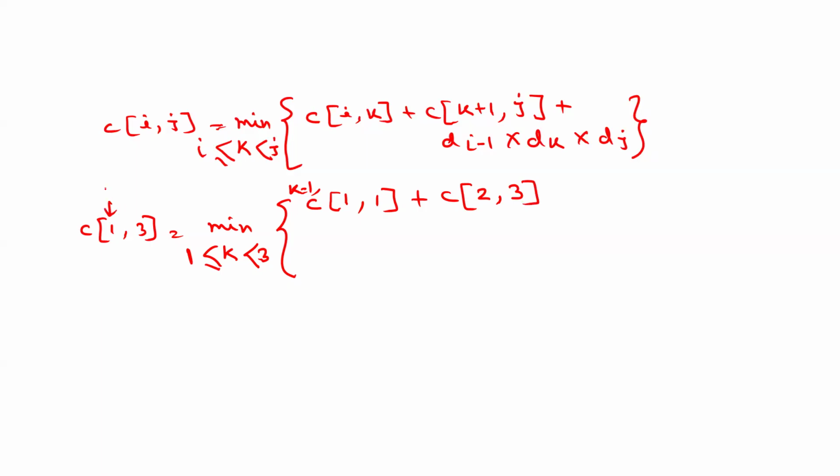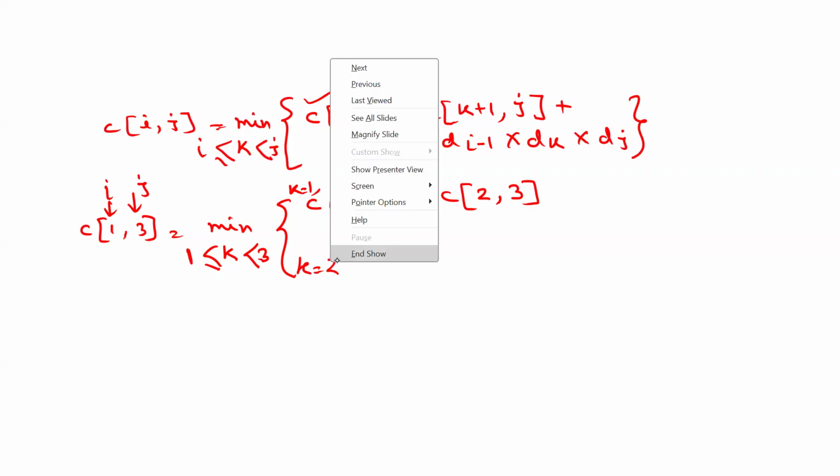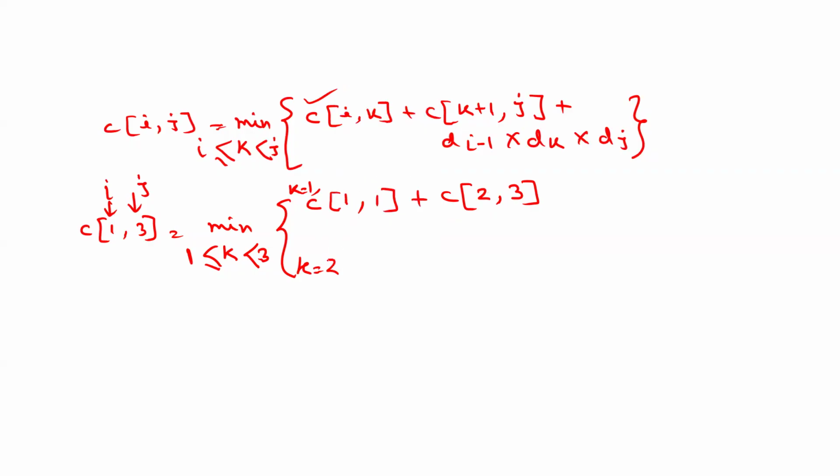This is i and this is j, so i means 1. Just put the values in this formula. The k value lies between 1 and 2, greater than or equal to 1 and less than 3. So what is the value of k? One is 1, another one is 2.